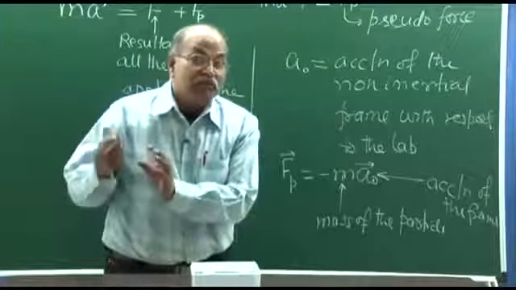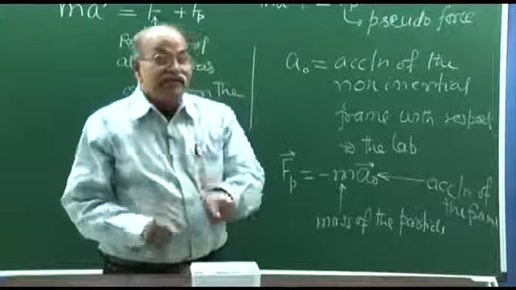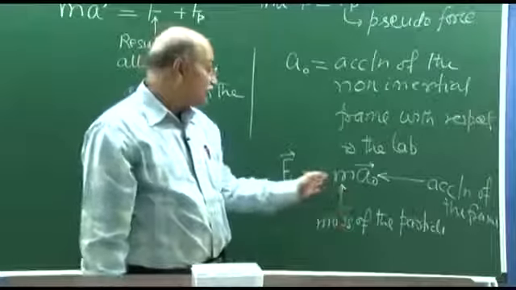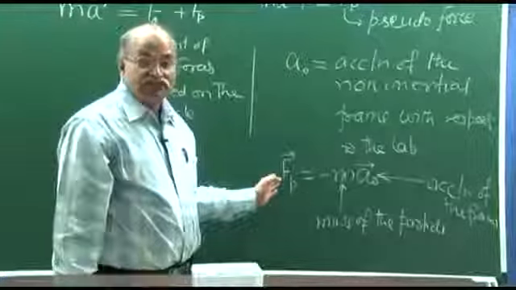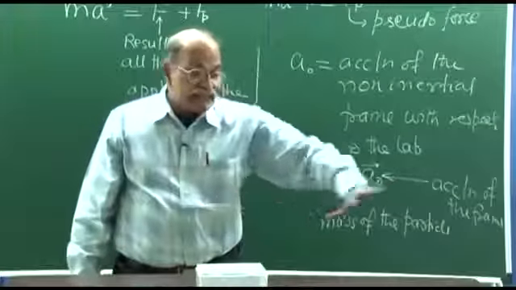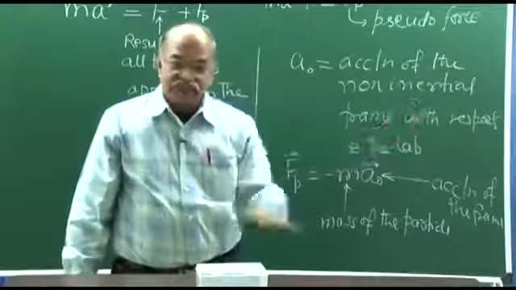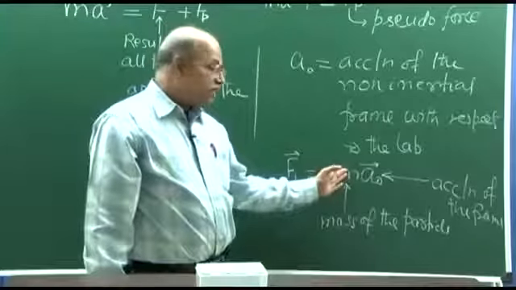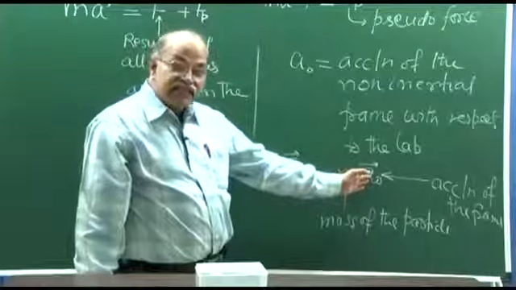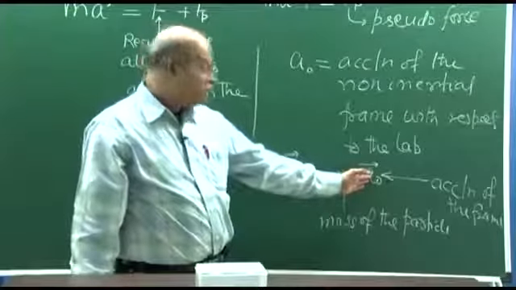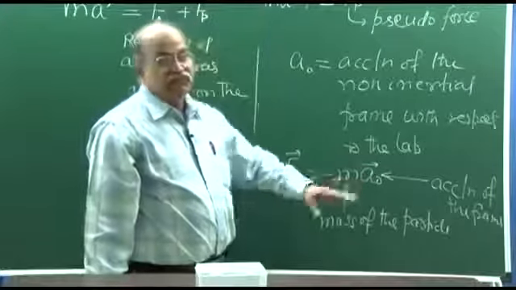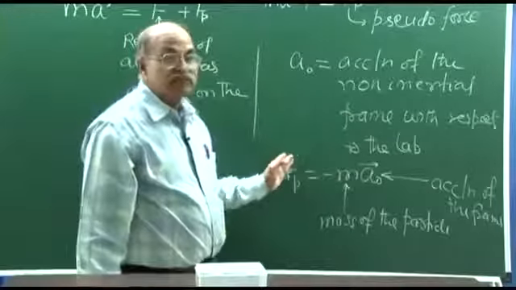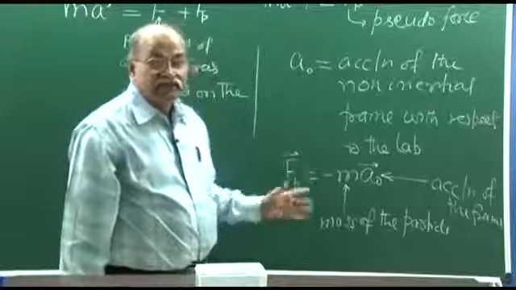You take the mass of the particle and the acceleration of the box, multiply, and put a minus sign. That is the pseudo force. So, for linear acceleration of the frame, it is very simple. You take the mass of the particle, multiply it by the acceleration of the frame with respect to the inertial frame, put a minus sign, that means you reverse the direction, and that is the pseudo force on that particle.